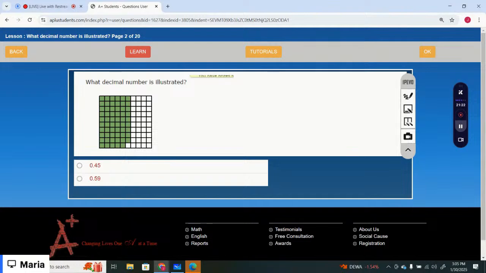What decimal number is illustrated, which is the correct option? The complete square has 100 small squares, and out of 100 small squares, 59 are colored. That is 0.59. Option number 2 is the correct option.